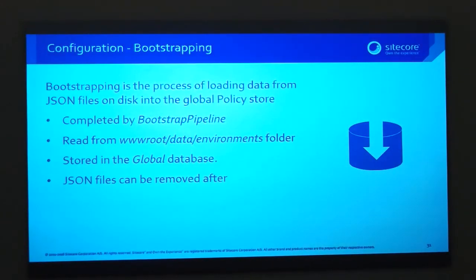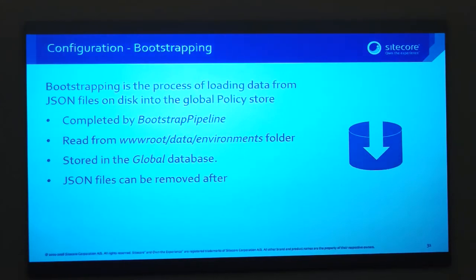So the bootstrap processing, which I was talking about for the global, is related to the global database information. I will show you shortly how you can do the bootstrap, or which files you need for that. When you have a commerce engine installed in your system, you get a few default folders.